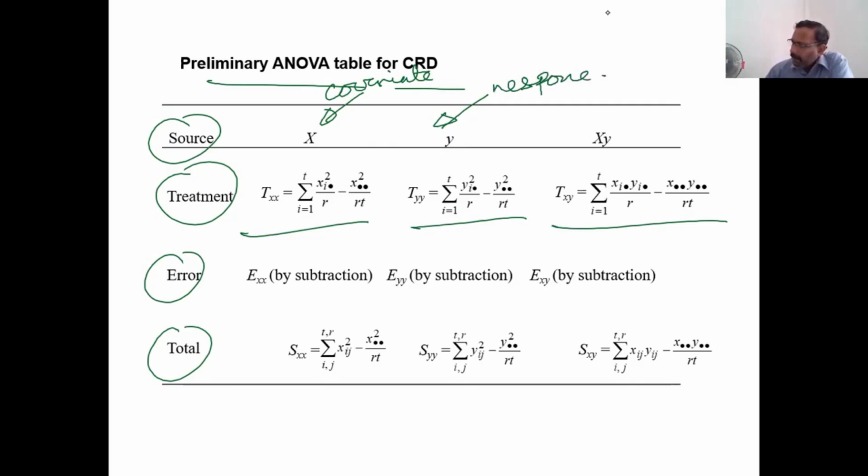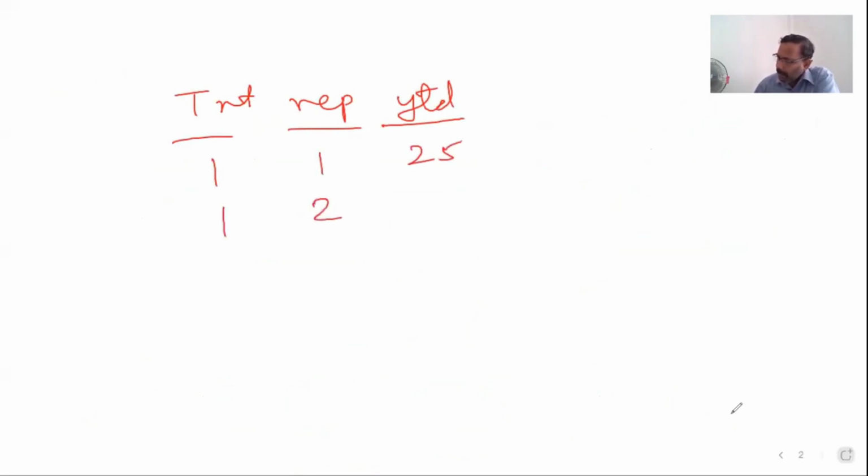For example, let's say here, treatment, replicate, in CRD, yield. First treatment, first replicate, you have 25. First treatment, second replicate, you have 28. First treatment, third replicate, you have 29. Second treatment, first replicate. Second treatment, second replicate. Second treatment, third replicate. Likewise, you have the values.